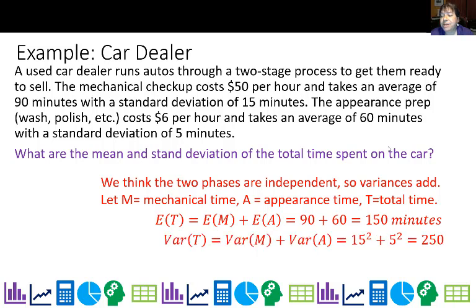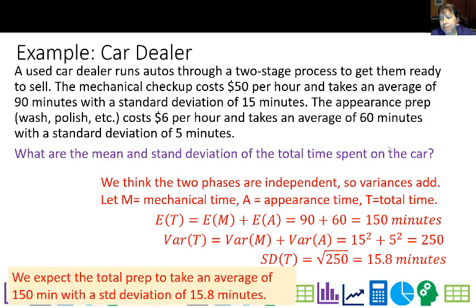Now my variance for t is going to be adding those two variances as well. So I'm going to do 15 squared, because variance is standard deviation squared, plus 5 squared. I get 250. And when I square root that to go back to standard deviation, I get 15.8 minutes. So we expect the total prep time to take an average of 150 minutes with a standard deviation of 15.8 minutes.